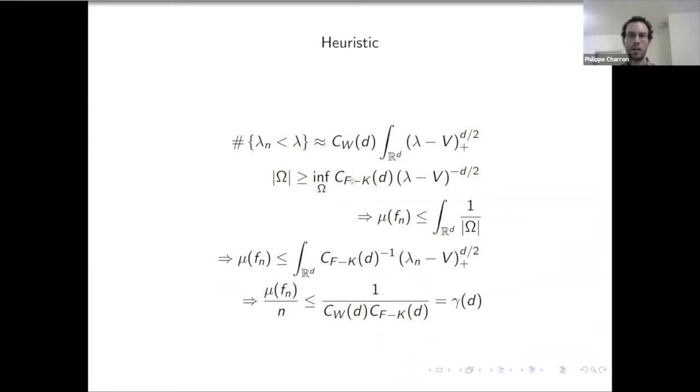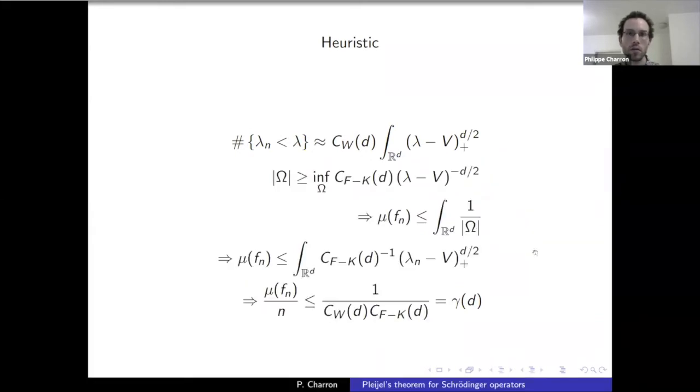So if you could say that, for any domain, the infimum of lambda minus v is kind of like just lambda minus v, like it's almost constant on a nodal domain, then this would make a lot of sense, the fourth line here. So most of the tools that we developed were ways to control how much lambda minus v will change inside a given nodal domain.